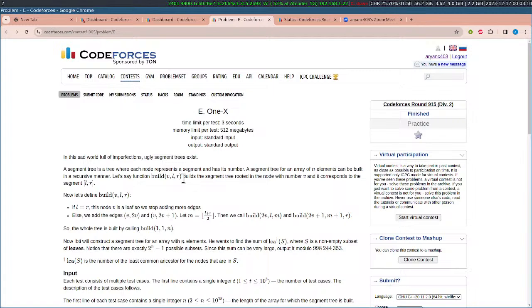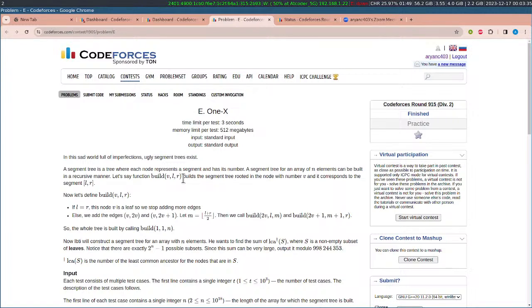So if the index of this node is v and it denotes elements from 1 to n, its children are 2v with 1 to m and 2v plus 1 with m plus 1 to n.